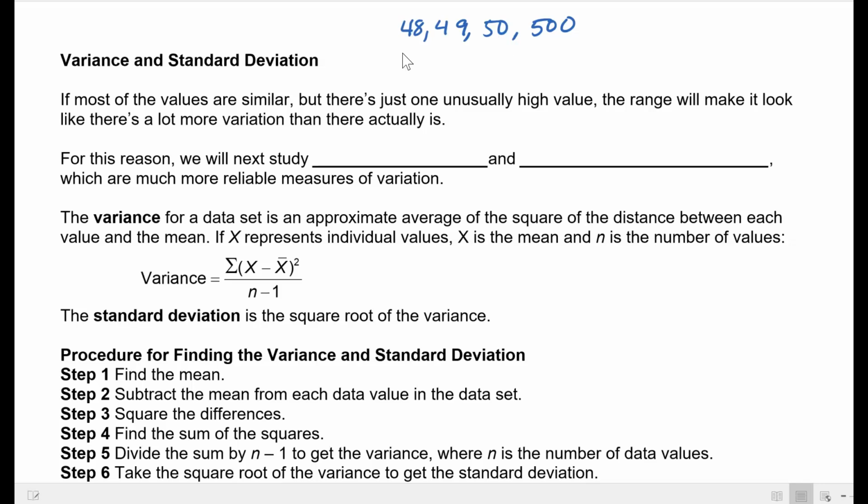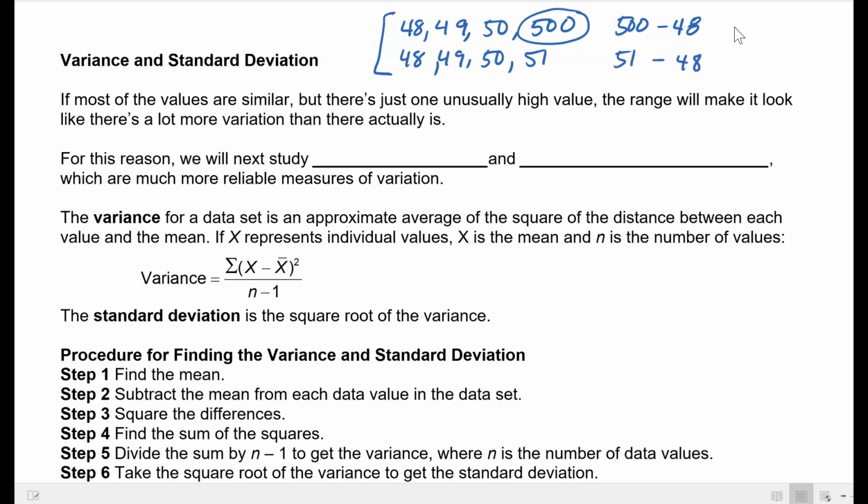And maybe you have a second list: 48, 49, 50, and 51. I would say those lists are pretty similar, except that the first list has a really, really high value. The range for the first is 500 minus 48, whereas the range in the second is 51 minus 48.